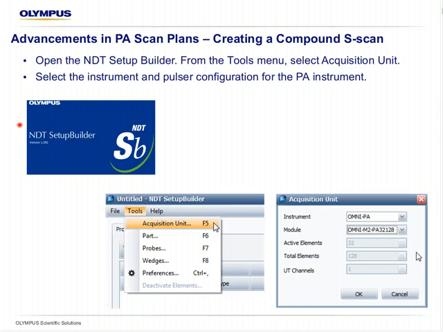To use the NDT Setup Builder to create a compound S-scan, we're going to open up the software, and from our Tools menu, select the acquisition instrument. The selection of the instrument enables the module pulsar configuration to be defined, and that will prevent the user from creating a configuration or aperture that's not compatible with their instrument.